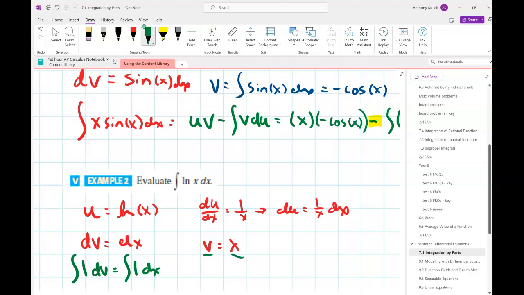Go ahead, Rita. Yes, to find v, I'm doing the integral of dv. Oh, and then you found the dx. So I said I let dv equal dx. When I did the integral to both sides, I get v is equal to x.